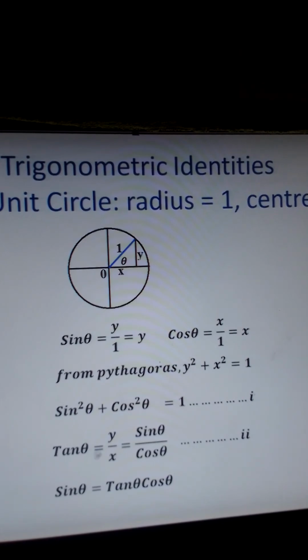So tan theta is equal to y over x, or sine theta over cos theta. That's another identity. And from this, we can find an expression for sine theta by multiplying both sides by cos theta. So we find that sine theta is equal to tan theta cos theta.